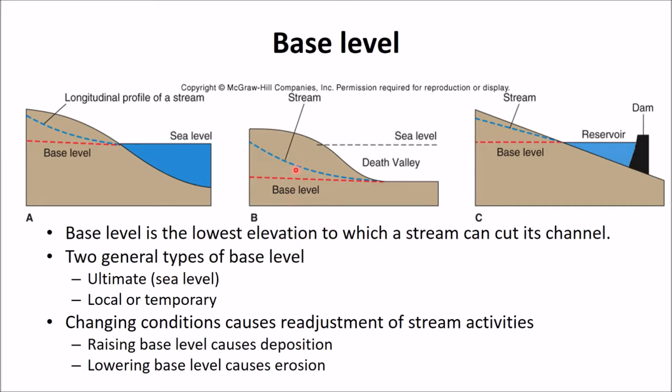And we have the local or temporary base level. When we build a dam on the stream, for example, we may build several dams, and at the upstream of the dam location, when the water level changes, then the base level will be changed. And then the limit of vertical erosion will be equal to the reservoir level, like this.